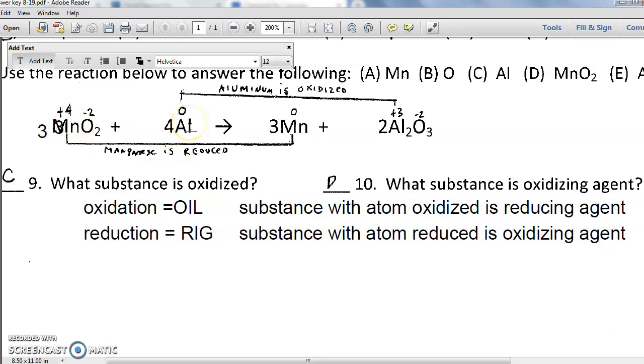They got them from the aluminum. The aluminum reduced them by giving them a total of 12 electrons. So that means that aluminum itself was oxidized. The substance that was oxidized, its number went up because it lost control of its electrons. When you do that, you're giving them to something else. You're reducing something else. That makes you the reducing agent.